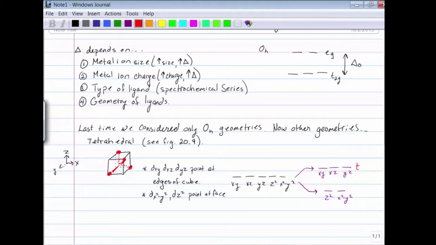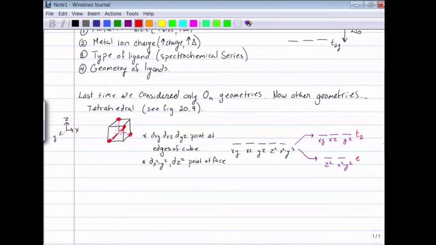It is a T, and it is T2, but not T2G. It's only T2. And the lower energy set is E. You don't use the G subscript or a U subscript either because there's no center of inversion in a tetrahedron. So you only use G and U when there's a center of inversion or a center of symmetry.